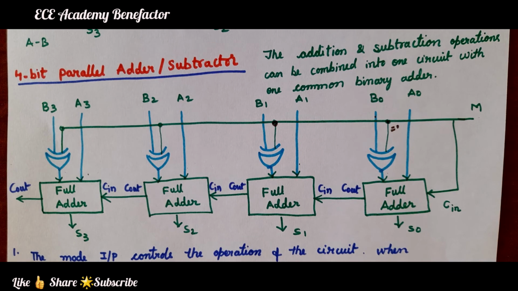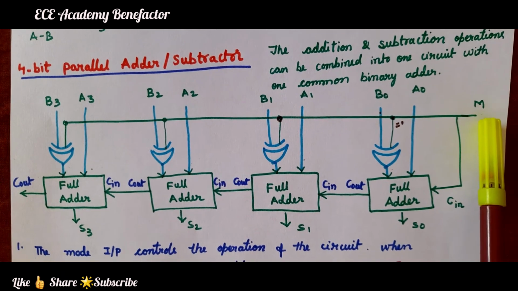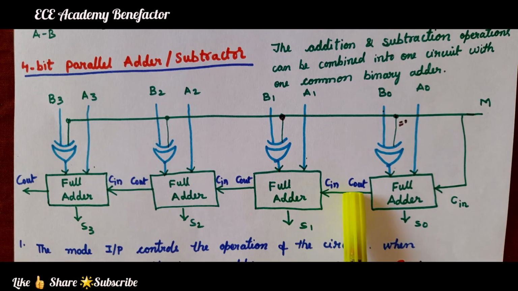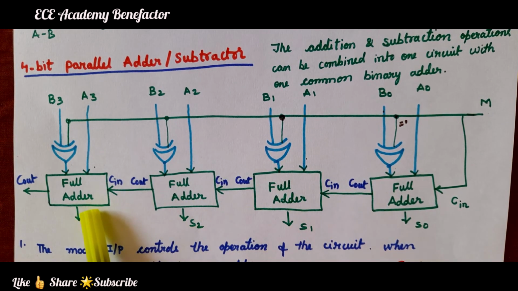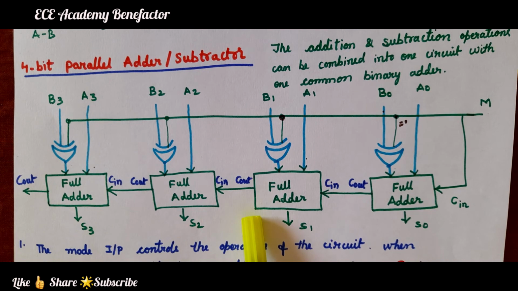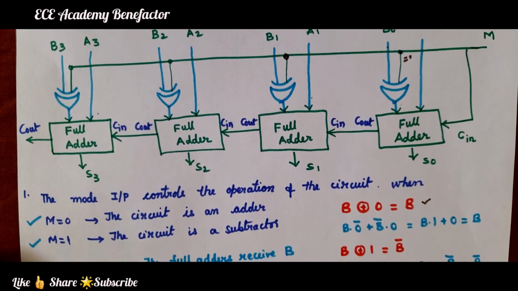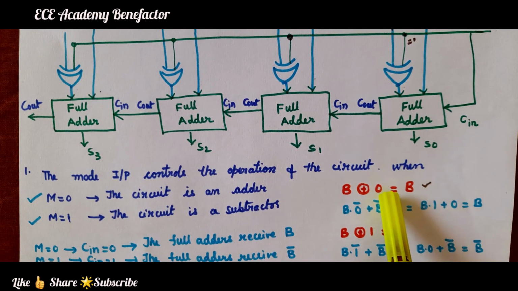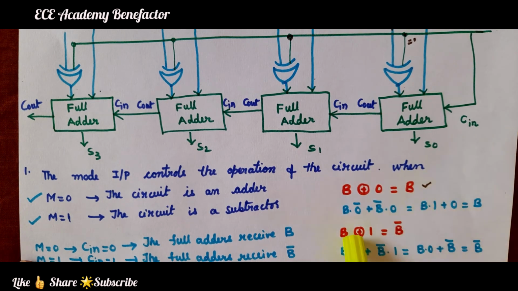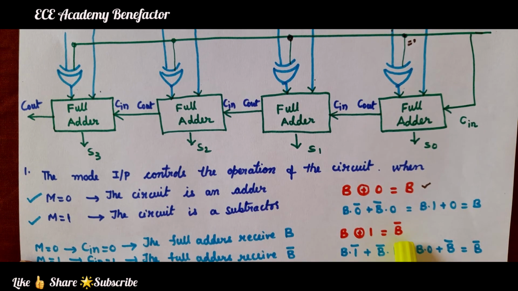So, it will act as a subtractor circuit. So, depending on this control input, we can use this circuit as a 4-bit parallel adder or a subtractor. So, you need to remember one point here: B XOR 0 is B, B XOR 1 is B bar.